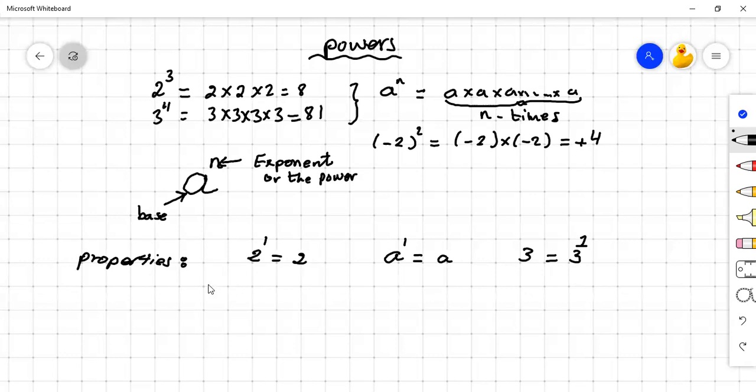This is the first one, and the second property I want to talk about is a exponent 0. What is a exponent 0? It's equal to 1. Everything raised to power 0 is equal to 1, and I'm going to prove this at the end of the properties.